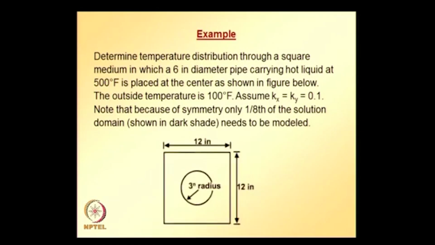Outside temperature is 100 Fahrenheit, and Kx, Ky, the thermal conductivity coefficients along x and y directions, are given here. You can see this problem we can take symmetry into account, and because of symmetry only 1/8 of the solution domain needs to be modeled.